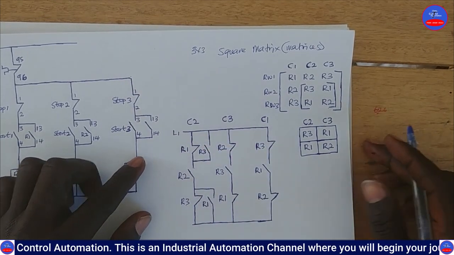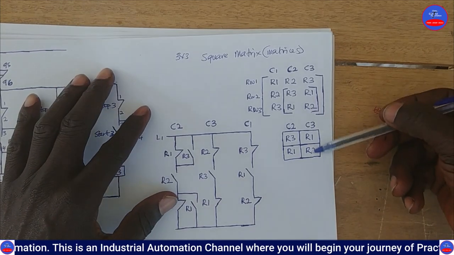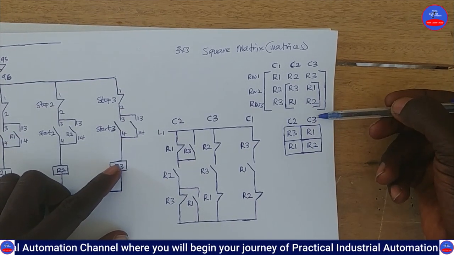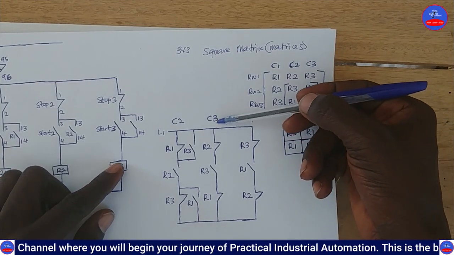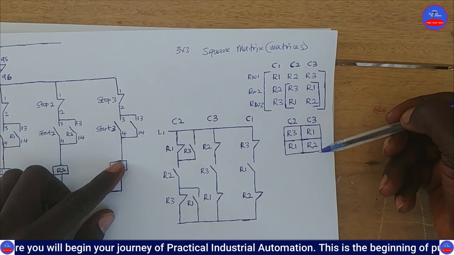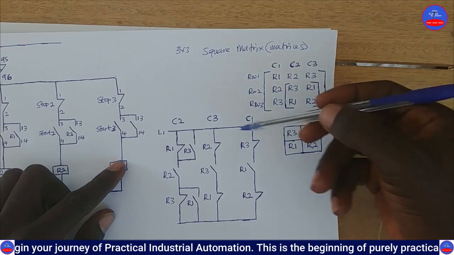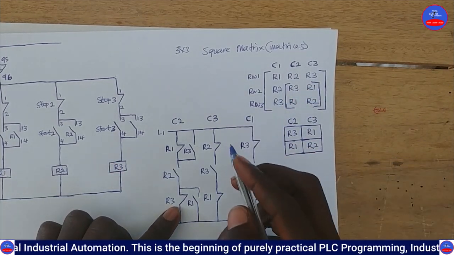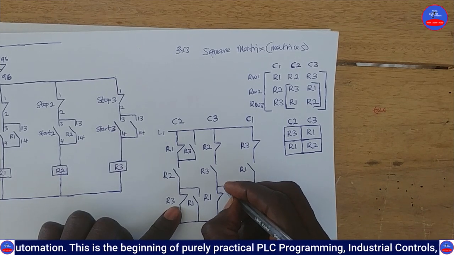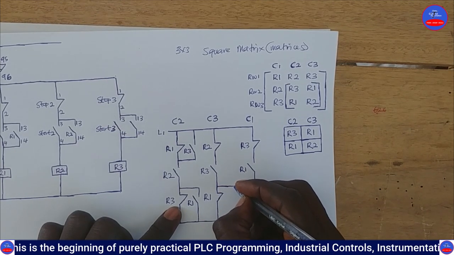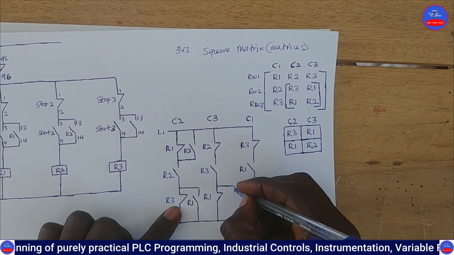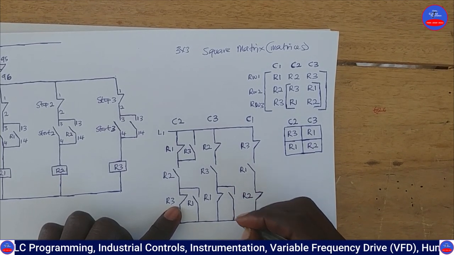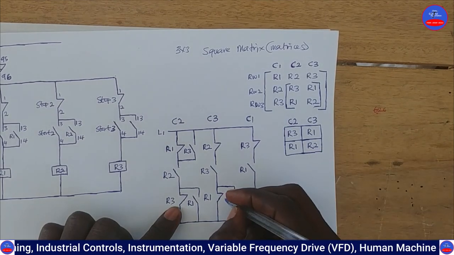You see that? Now let's go to column 3. This is column 3. Okay. So we are going to locate R1 in column 3. Wherever we see R1, we are going to parallel it with R2. So this is column 3. Okay. This is R1. So let's parallel it with R2. So R2, okay.